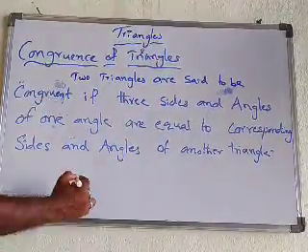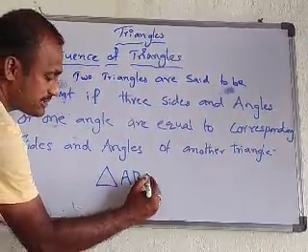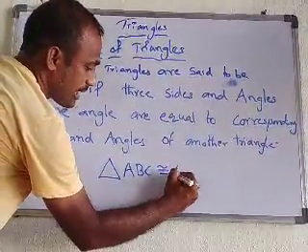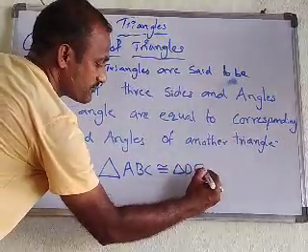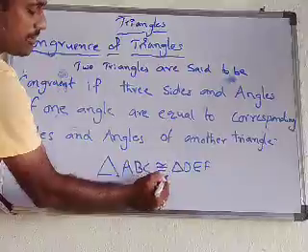So by the above two figures which we have taken, we can say that triangle ABC is congruent to triangle DEF. This is the symbol of congruency.